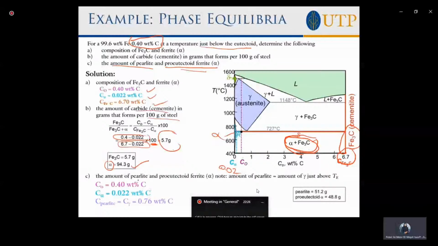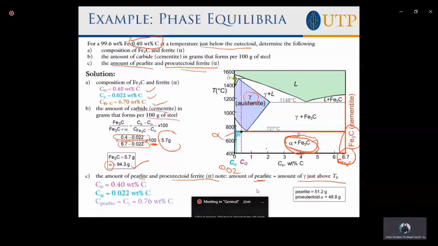So the amount of pearlite and proeutectoid alpha is what we need to find out. The amount of pearlite equals the amount of gamma just above the eutectoid, because only gamma will change into pearlite.